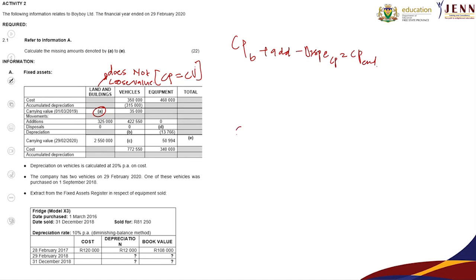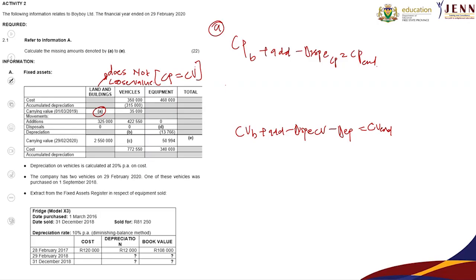Or we can say carrying value at the beginning plus additions minus disposals at carrying value minus depreciation is equal to carrying value at the end. We can either use number 1 or number 2. We want A for land and building. It means whether you use cost price or carrying value, it does not matter, because land and building does not lose value.